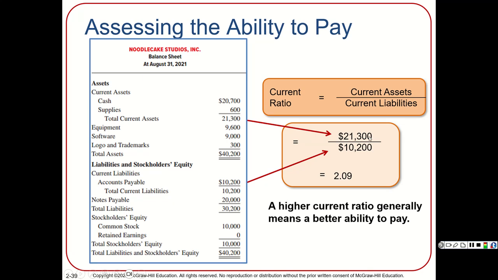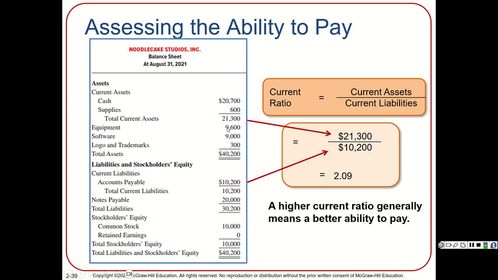So for every 2 dollars of assets, you have a dollar's worth of liability, which is a really good position to be in, because what this is saying is that they have cash enough to pay all of their liabilities in the current state.